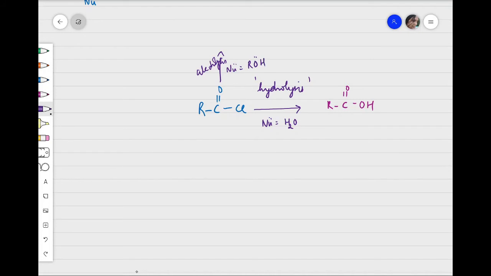Here you see the oxygen is going to attack the nucleophilic carbon, and the product that I would get here is an ester, RC double bond O, OR dash, if I have taken this as R dash. The mechanism here is also the same. Now I have to stop here and tell you the importance of this reaction.